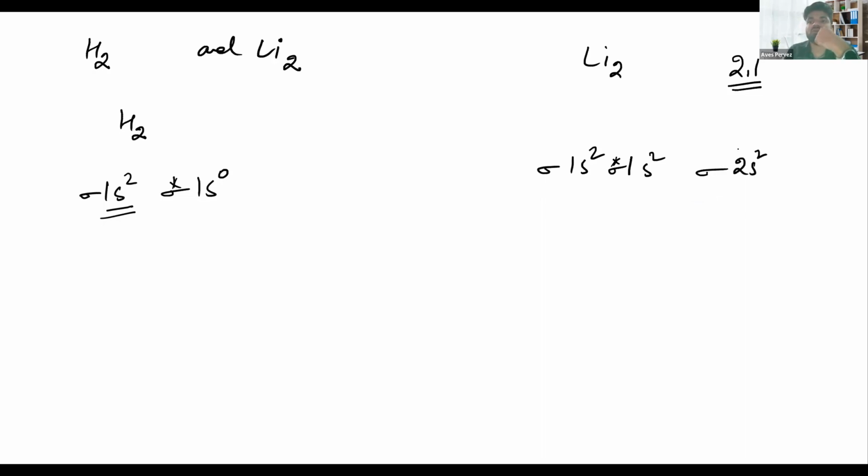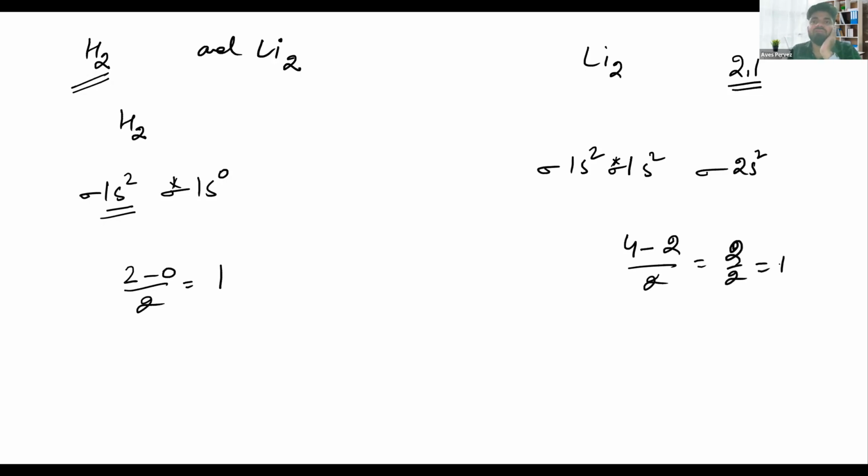If I talk about the bond order of Li2 and H2, both have bond order 1. How can we say that? For H2, the number of bonding electrons is 2 and anti-bonding electrons is 0, divided by 2, you get 1. For Li2, bonding electrons are 4 minus anti-bonding electrons 2, divided by 2, you get 1.